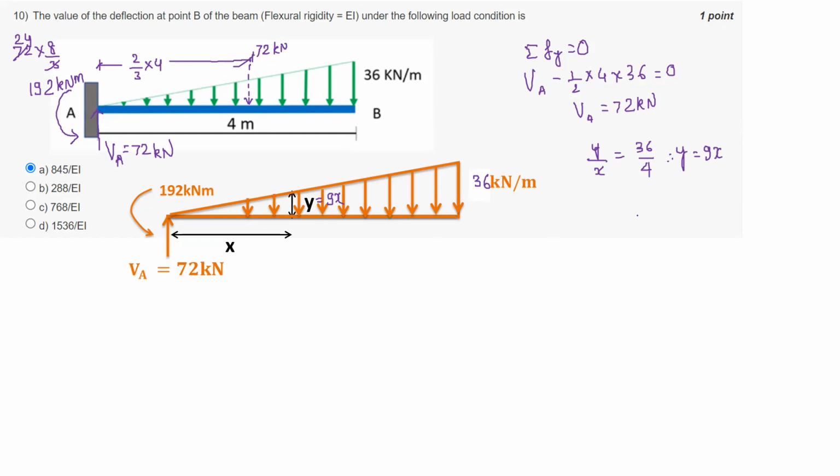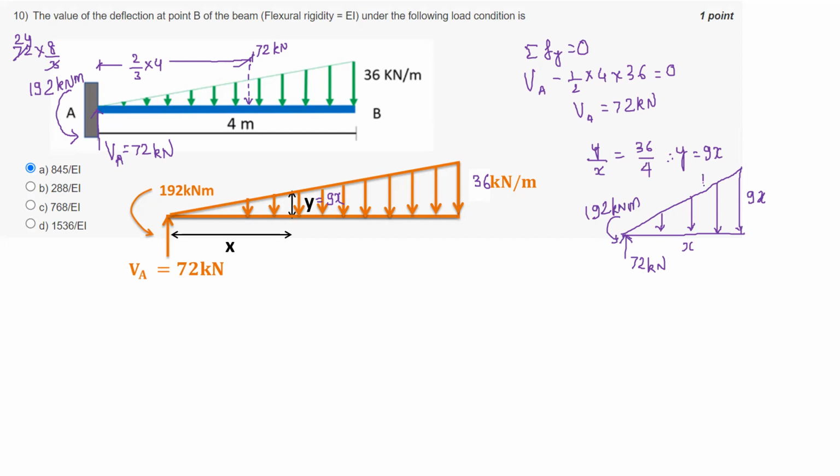Then how will we write this equation if I take this separately? So this will be 9x, and this will be x. We have this 72 kilonewton, and the bending moment we have 192 kilonewton meter.